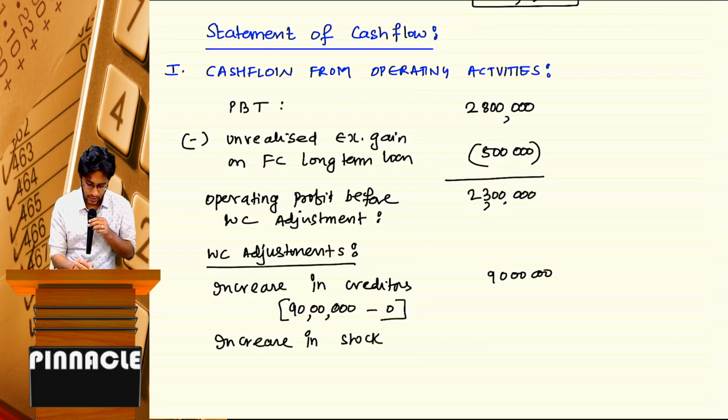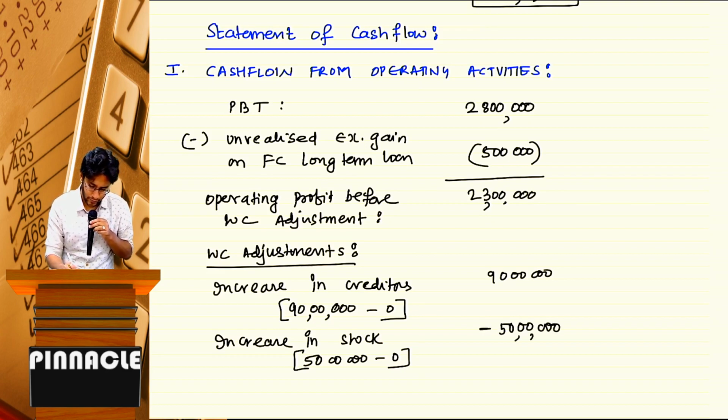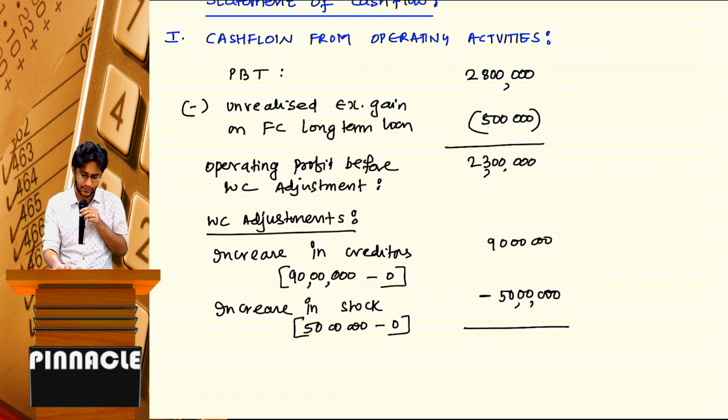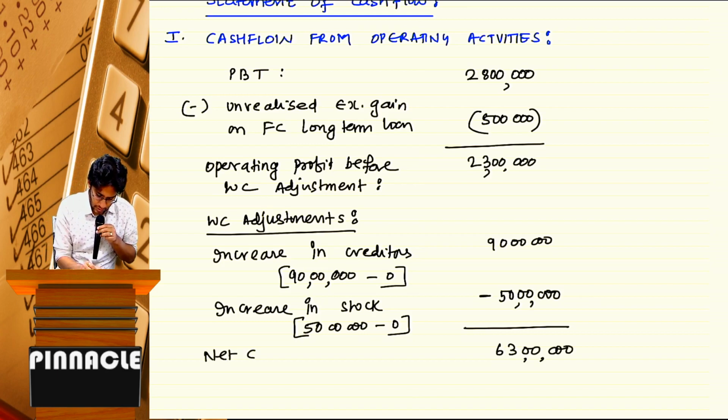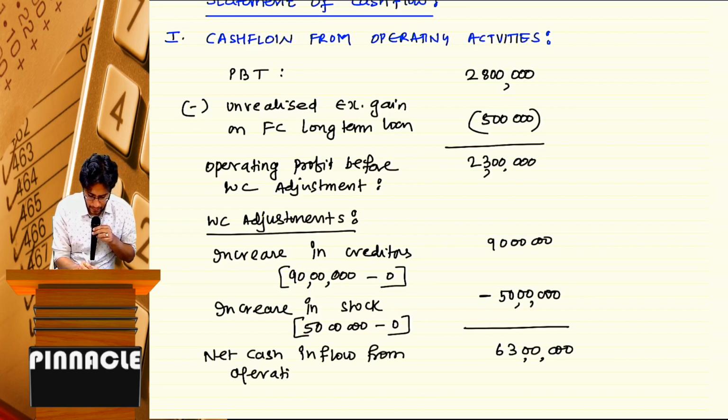Year beginning the stock is not there, but now we have a stock of 50 lakhs. Increase in stock is an inflow or outflow? Outflow. Some tax is not there, so net of this, the 40 effectively, 40 plus 23, 63 lakhs. This is net cash inflow from operating activities.